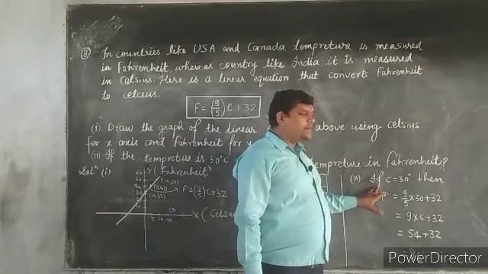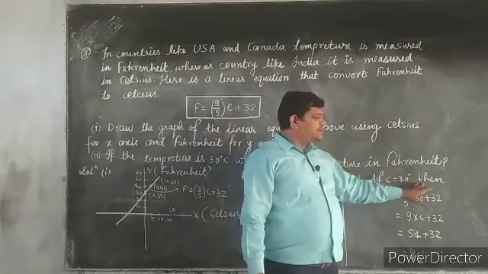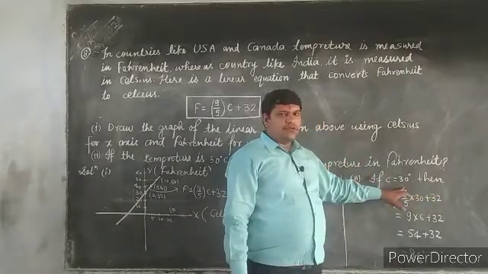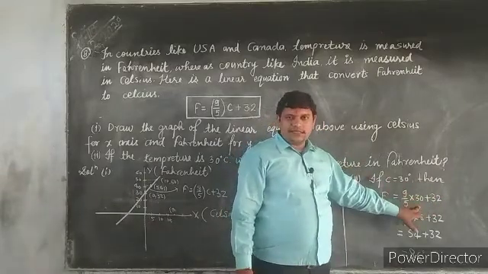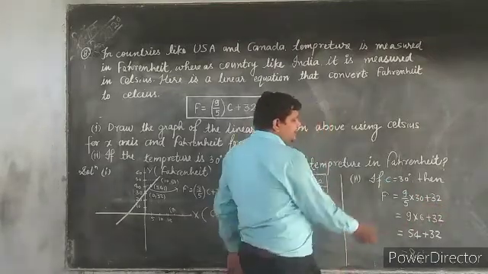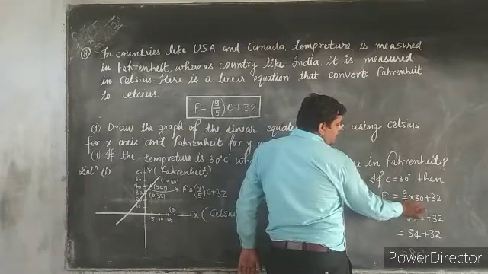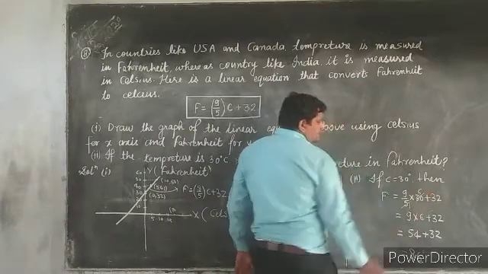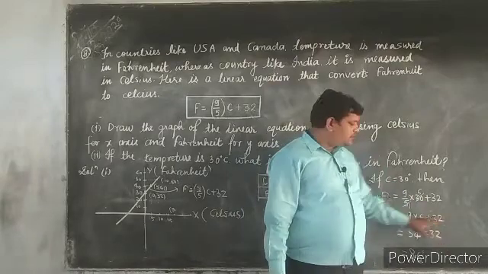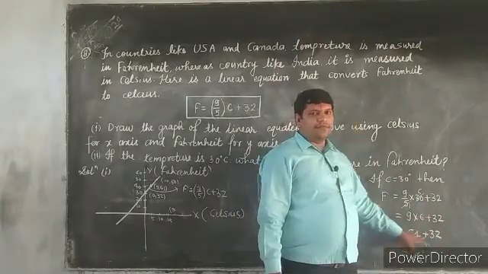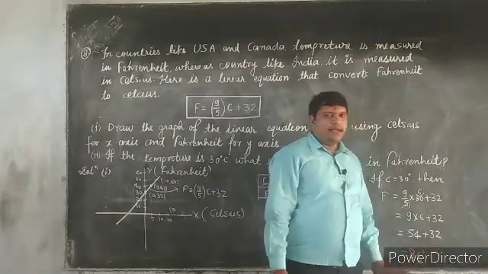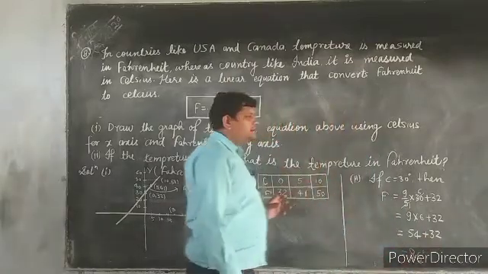If C is 30, then F is equal to 9 upon 5 into 30 plus 32. 5 and 30 both will cancel out: 5 sixes are 30, so it will be 9 into 6 plus 32. 9 sixes are 54 plus 32, it means the value will be 86.